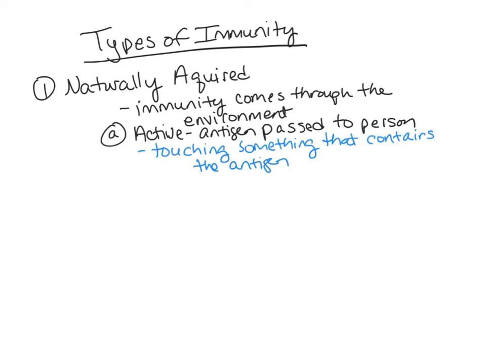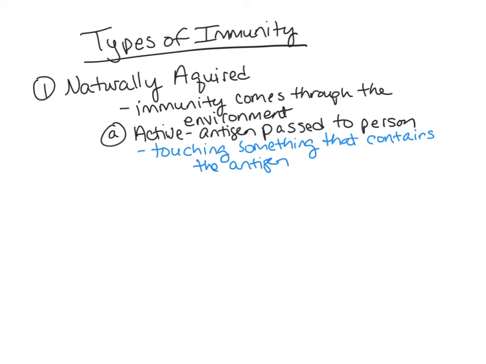So they're shaking hands with someone, then wiping their hands on their nose or their eyes, or someone's sneezing on them, and they're getting the antigen, right? And then their body has to build those antibodies to try to fight that antigen, okay? So that's naturally acquired active immunity.